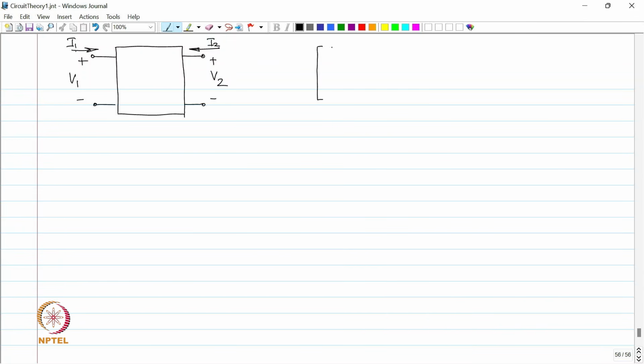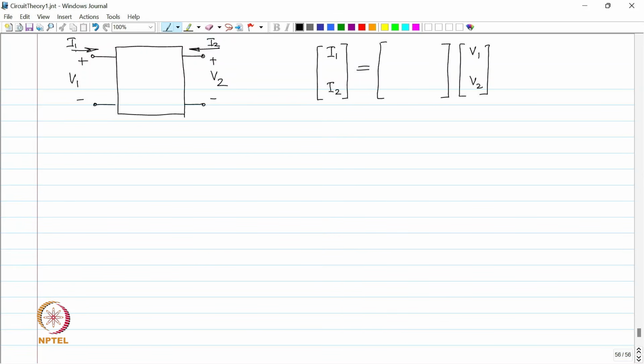So, I 1 and I 2 are going to be measured. This is going to be some matrix times V 1 and V 2, which are the independent variables. All right. What are the dimensions of this matrix? Siemens.